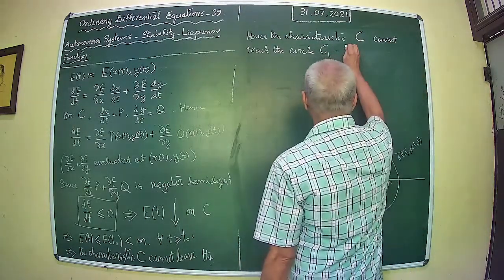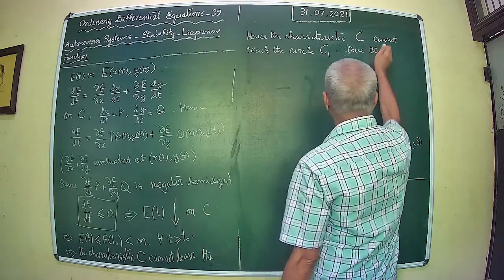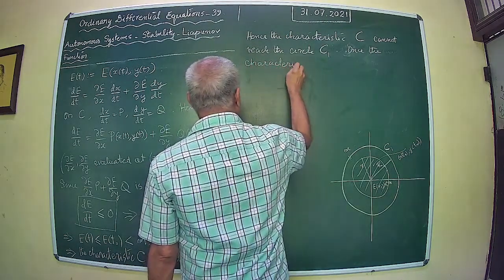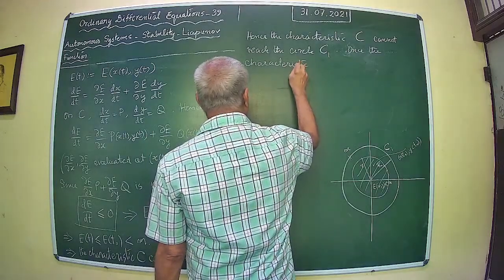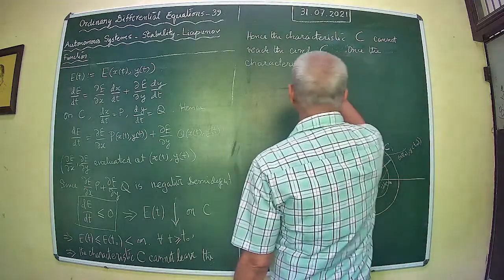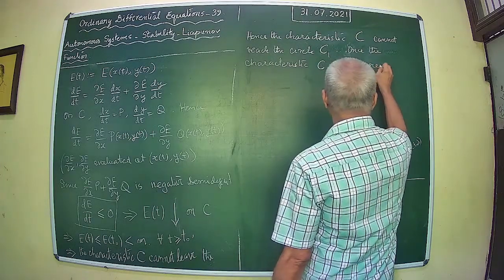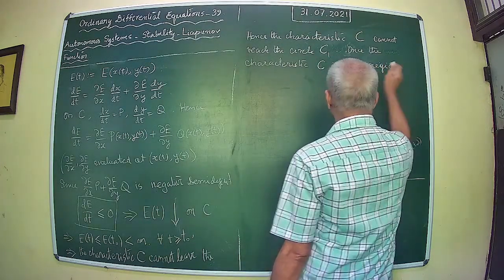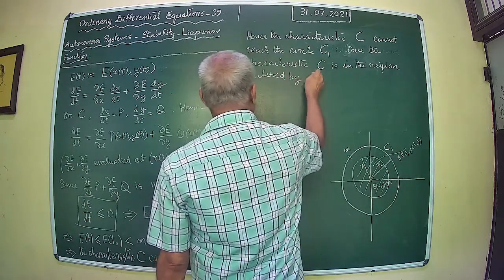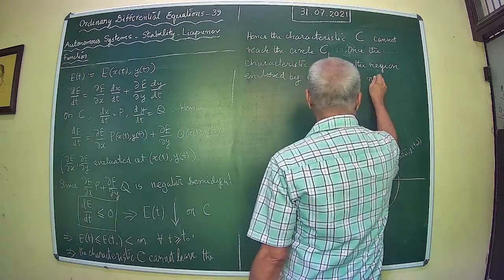So once the characteristic C is in the region enclosed by C1, it will never leave.